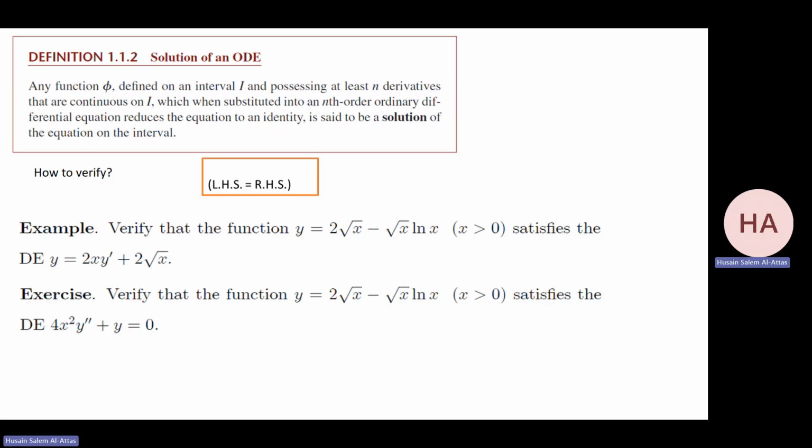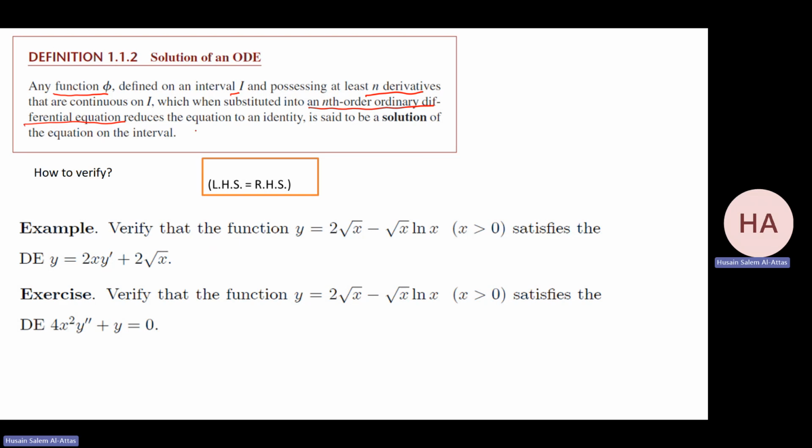Now, what do we mean by a solution of an ordinary differential equation? It is a function phi, defined in an interval and possessing at least n derivatives. If I'm talking about an nth order differential equation, I mean it has n derivatives.